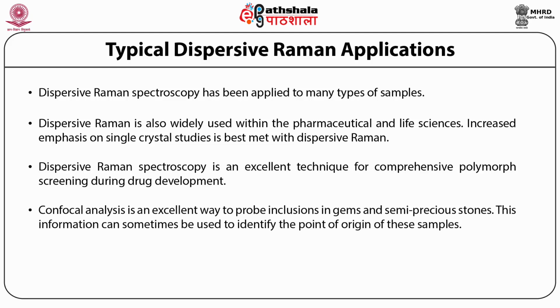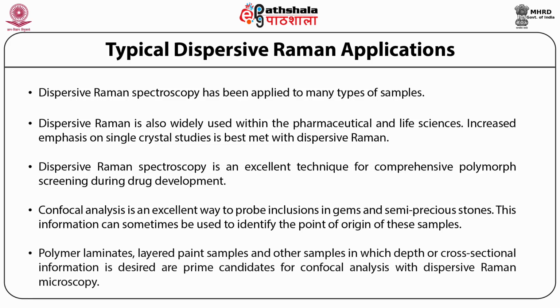Confocal analysis is an excellent way to probe inclusions, gems, and semi-precious stones. This information can sometimes be used to identify the point of origin of these samples. Polymer laminates, layered paint samples, and other samples in which depth or cross-sectional information is desired are prime candidates for confocal analysis with Dispersive Raman microscopy.